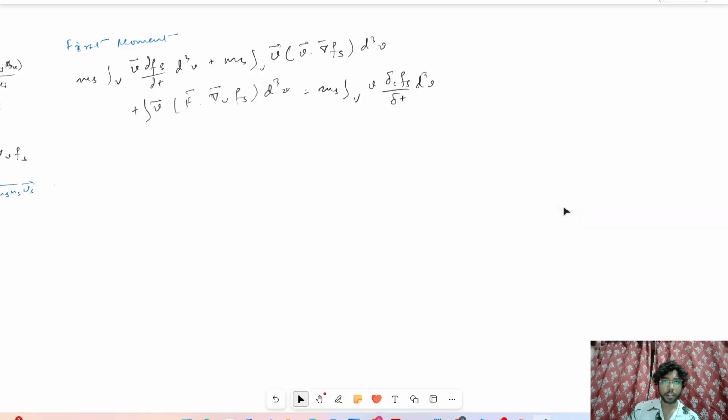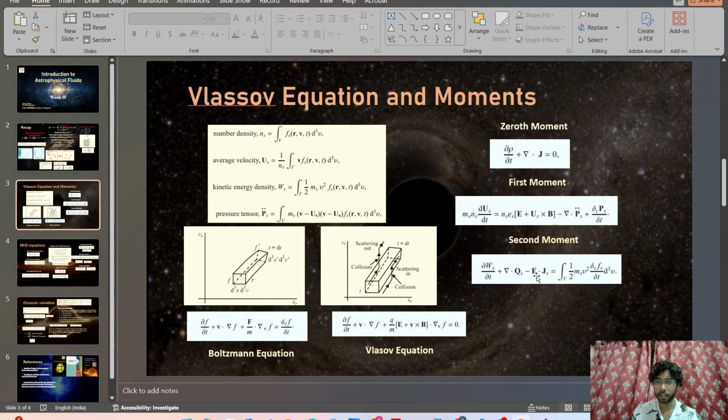I will not derive this equation over here because it's a bit lengthy, but I will post notes where you can see the derivation of this equation done step by step, right? But this should be straightforward. And simply for the second moment, you can just replace this v with v squared over here, and then you will arrive at this equation.